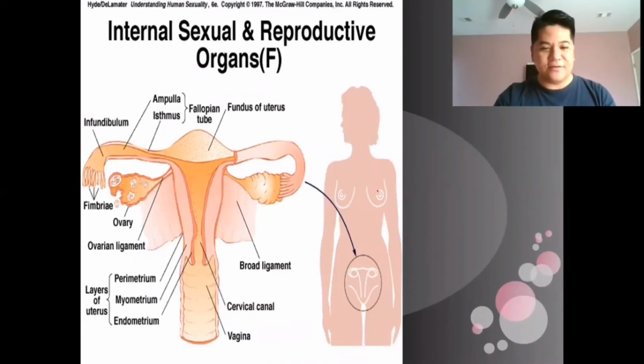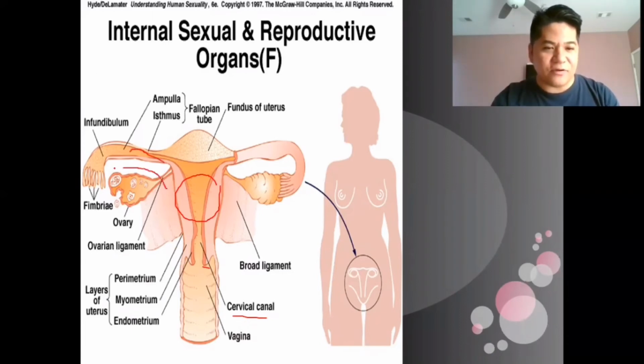So this includes your cervix here, then going through your uterus here. That's the uterus, this area. And we also have your fallopian tube here, and then there is your ovary, which is responsible for production of your egg cell.